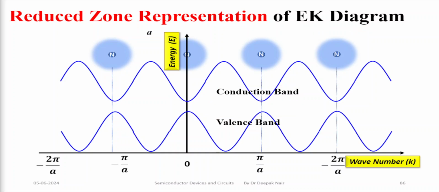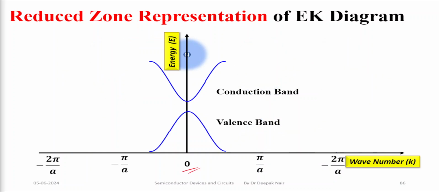Now further, if we just focus on the energy associated with the 0, then we can focus on one of the wells which are aligned to each other. In that case, the well will look like this. On the upper side we have the conduction band, and on the lower side we have the valence band.